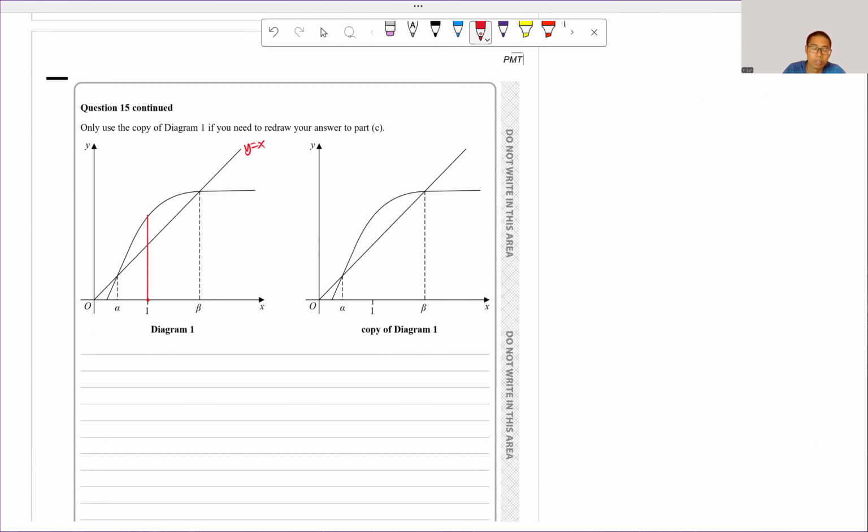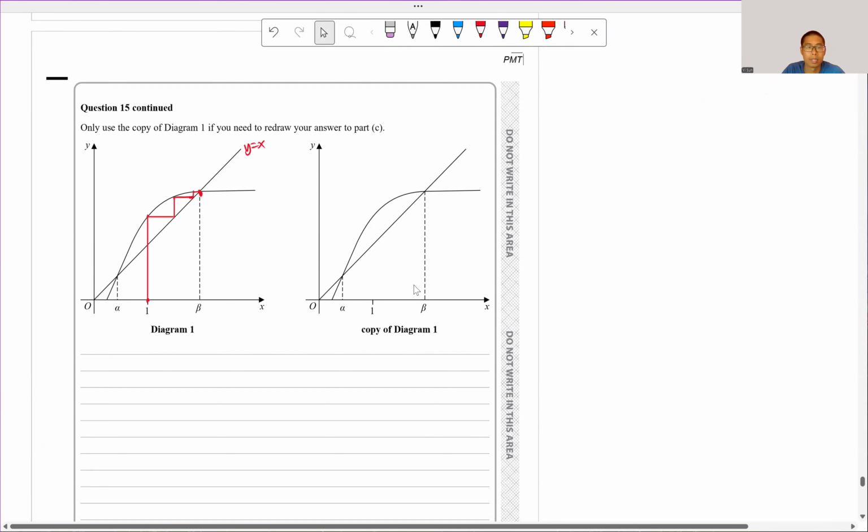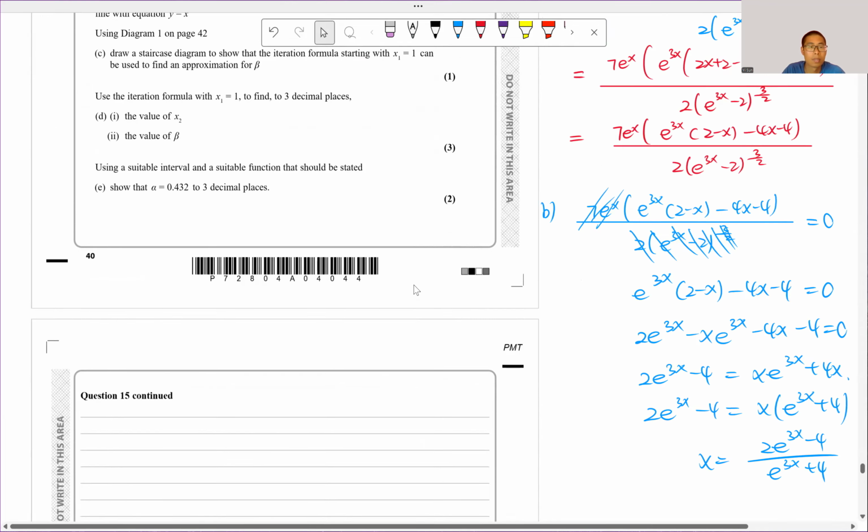Then you draw the horizontal line to hit y equal to x. Then you draw the vertical one to the curve again, and then the horizontal one to y equal to x, and so on and so forth. So eventually you can see it will converge to beta. And that's how we solve this question.